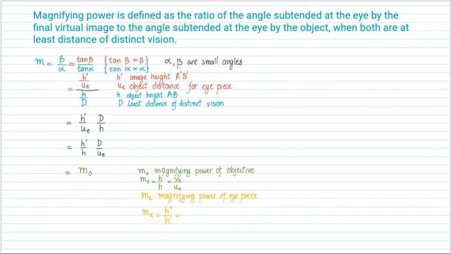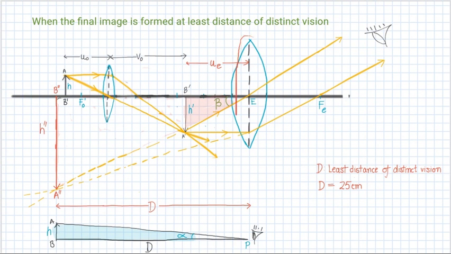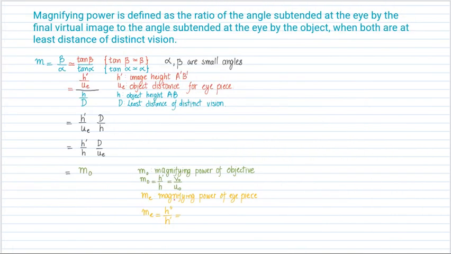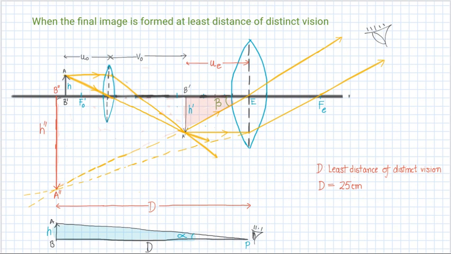So going back, now in this case, for your eyepiece, the magnification can be written as the ratio of the height of the image h double dash upon the height of the object h dash, which I have written here, h double dash upon h dash, which in turn can be written as the ratio of the image distance capital D upon the object distance UE. Okay, this A double dash B dash is the image formed by your eyepiece, and capital D is the image distance.